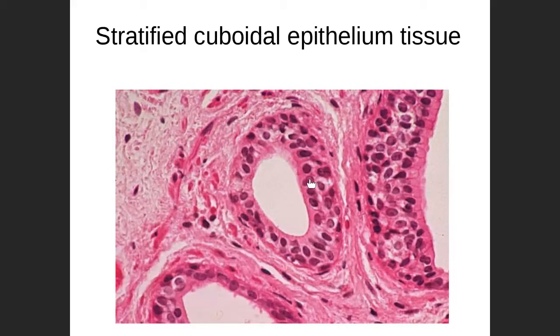So you'll see this type of epithelium has stacked nuclei that are relatively close together. You'll definitely know the difference between stratified cuboidal and stratified columnar, because if you look close at the stratified cuboidal, there's not a lot of space between the nuclei.